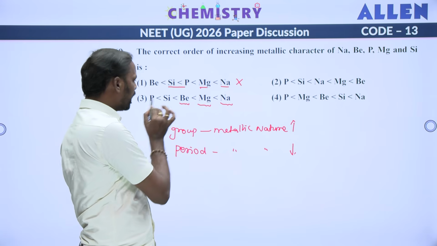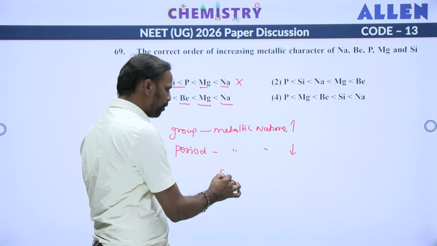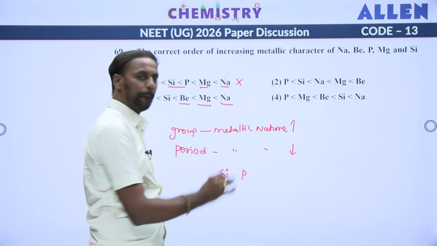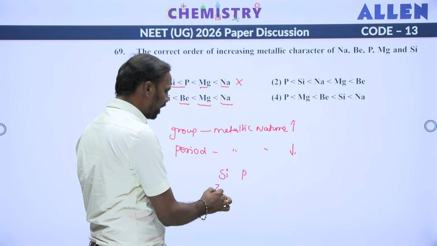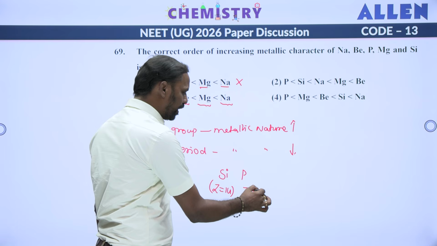Next you can see that silicon and then phosphorus are given. What is the atomic number of silicon, student? It is 14, whereas the atomic number of phosphorus is 15.